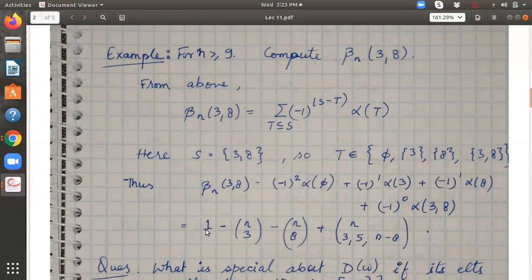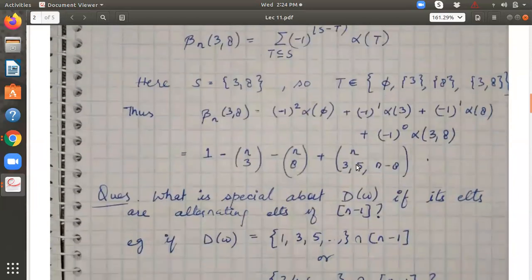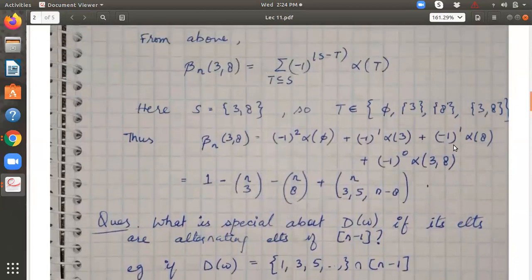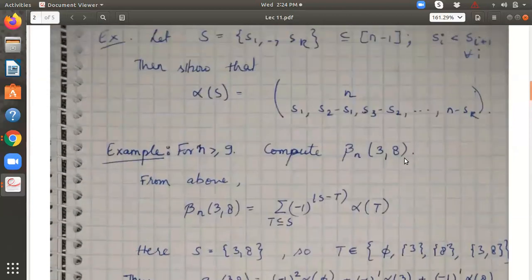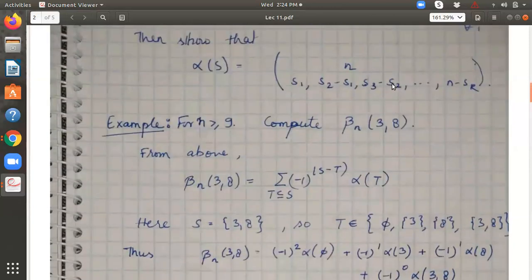So this is 1. This is n choose 3 from this formula. Similarly, this is going to be n choose 8, and the last one is the multinomial n choose 3, 8 minus 3, where the entries are S1, S2 minus S1, and the last one is n minus Sk.